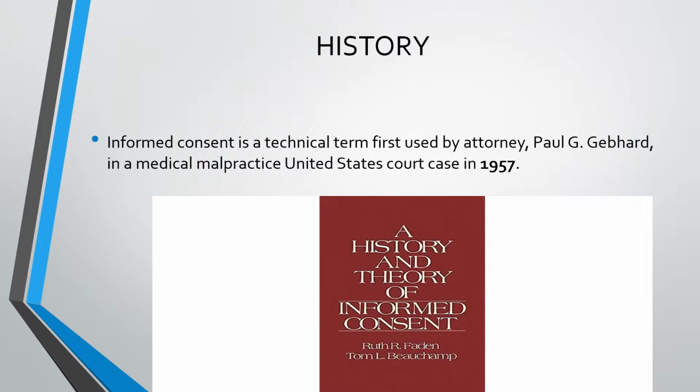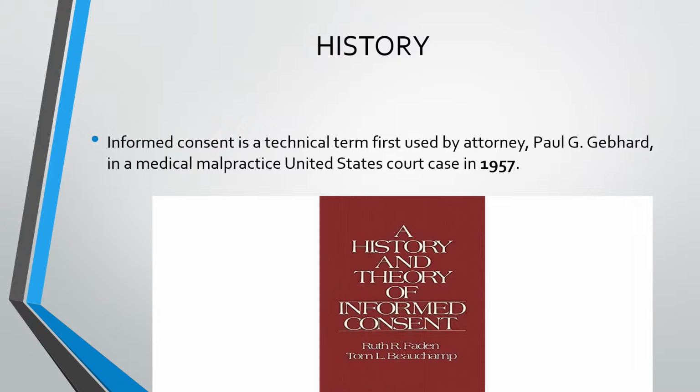Okay, it's always nice to know a little bit of history about any subject you're covering. I didn't spend a whole lot of time on the history of consent because I wanted to get more into why it's important and the different forms of consent. However, I did find this kind of interesting.